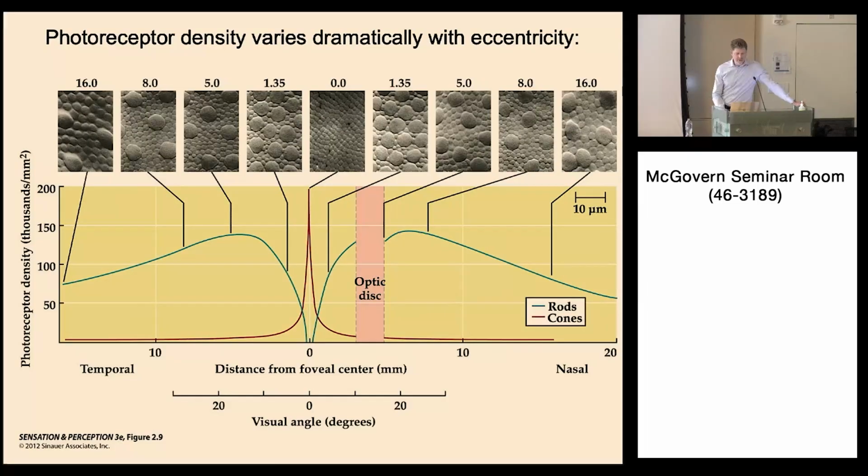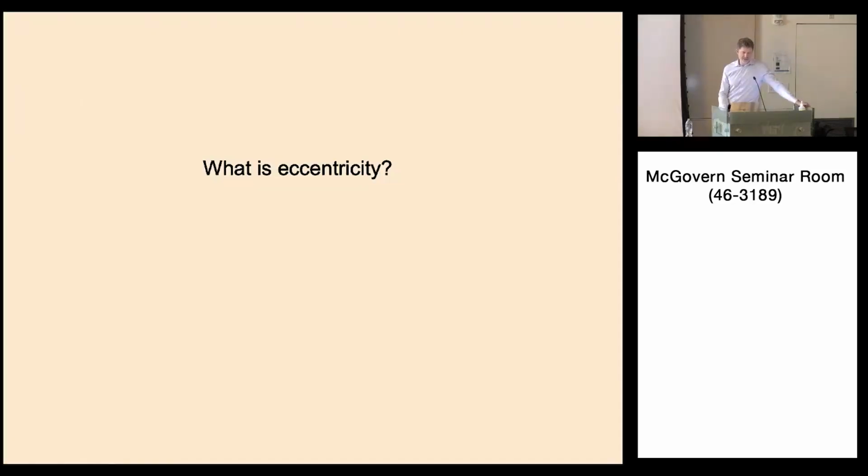All right, so you're going to hear me talk a lot about eccentricity, okay? So what is eccentricity? Again, in vision science, eccentricity is distance from the fovea. So we always use the fovea as a reference point, okay? And then typically we will measure eccentricity in degrees of visual angle from the fovea.